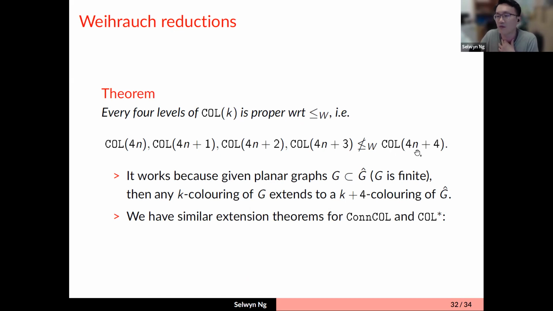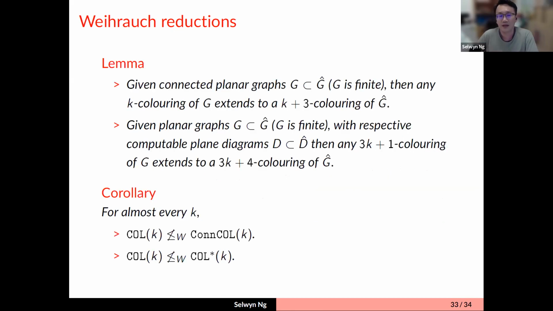So the 4n plus 4 coloring theorem is not equivalent to any of the previous ones. And we can have a similar extension theorem for the connected principle as well as the star principle. Recall that the star principle is the one with the computable diagram.